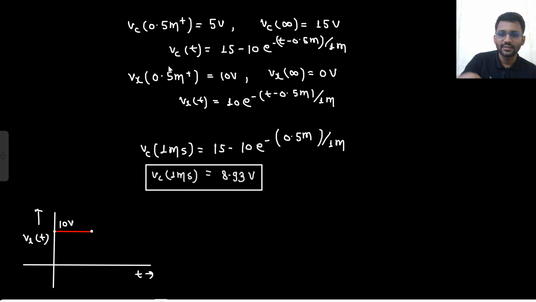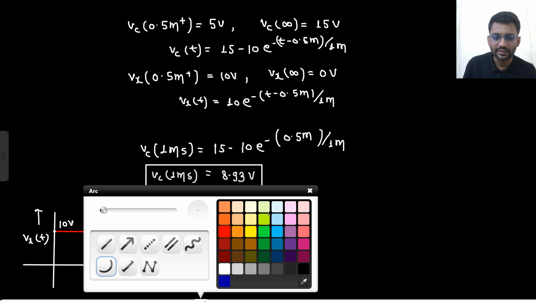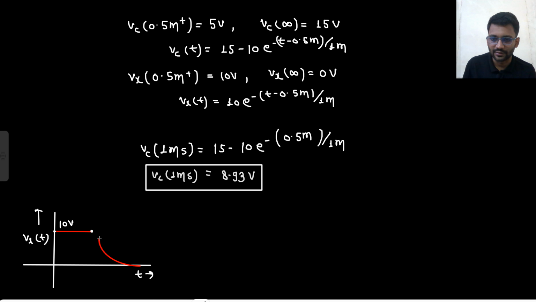The target of the Vx node is to go from 10 to 0 volt, so it will start going down and it will certainly go to 0 volt at steady state, right? This is how it will go, and this time was 5 milliseconds.